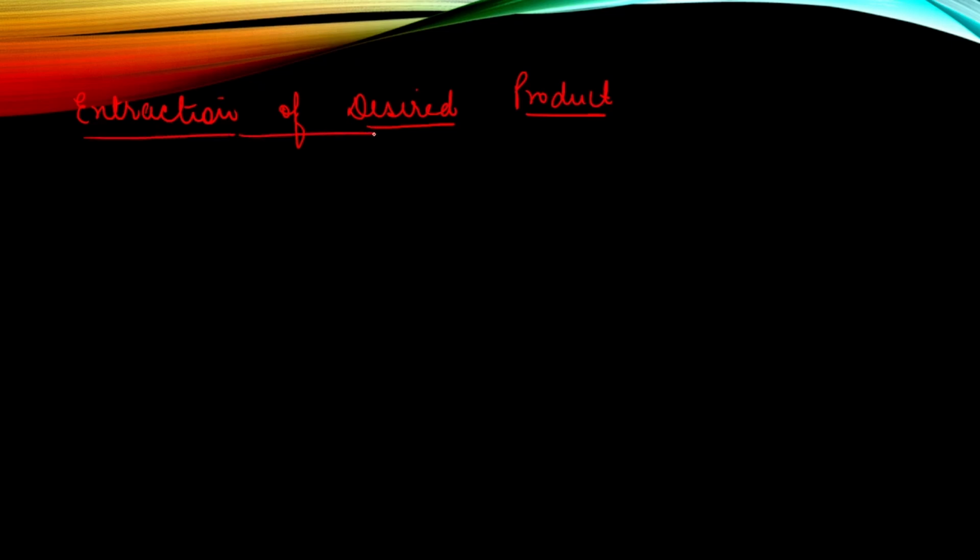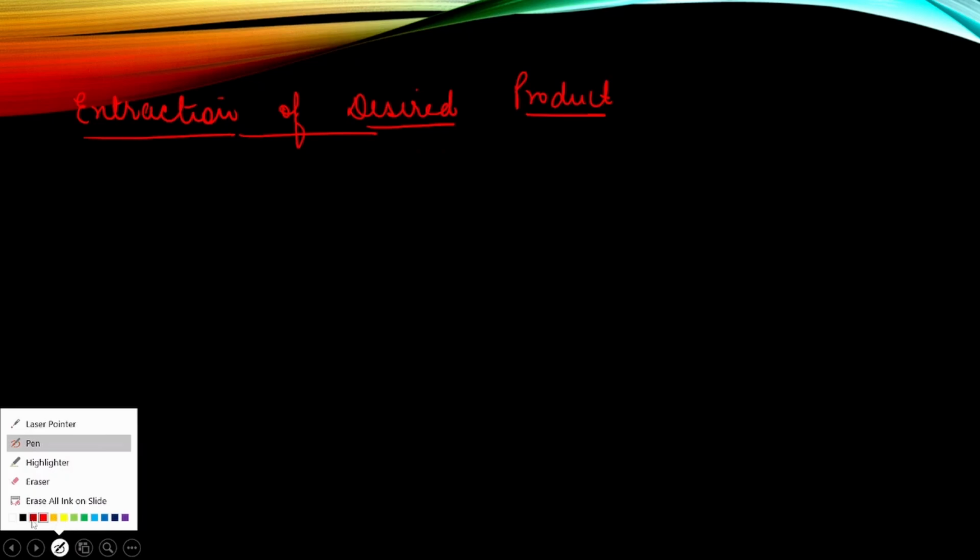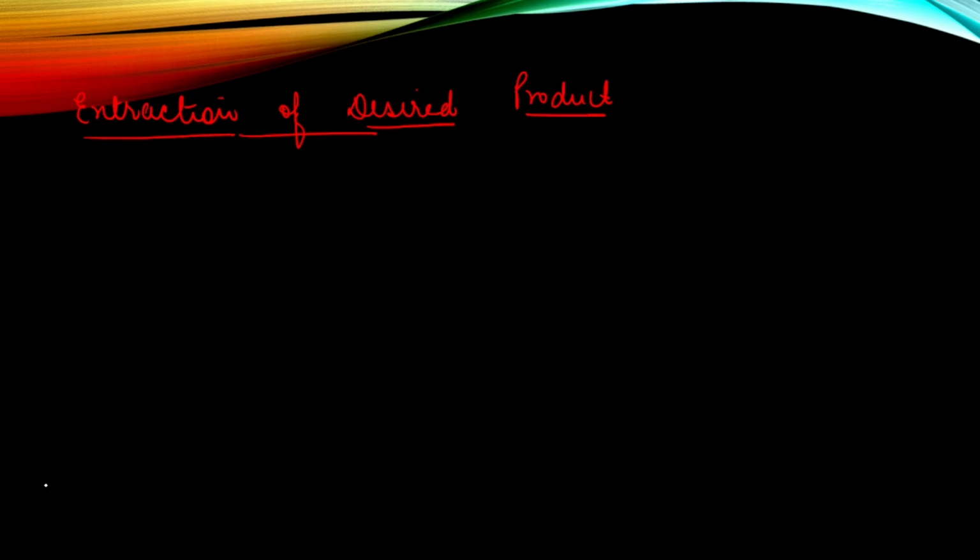Next is extraction of the desired product. How will you extract the desired product? Extraction of the desired product means whatever product we made all this for, we will extract it.